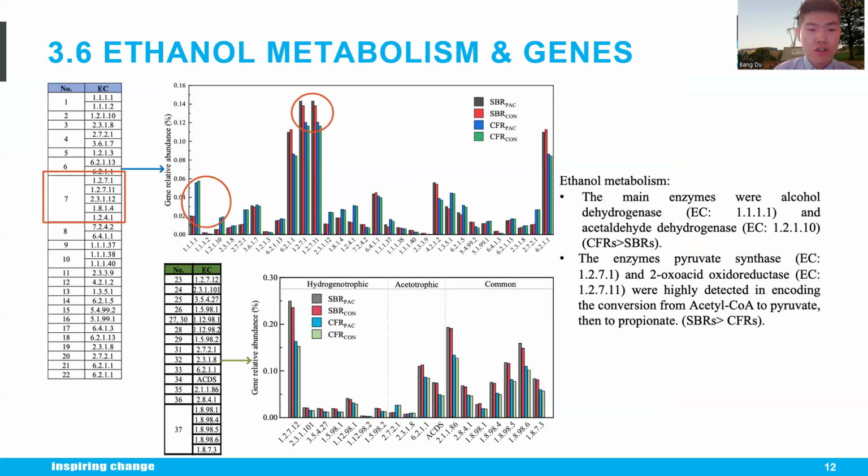And regarding the functional genes and their relative abundance under different conditions, we found that the main enzymes were alcohol dehydrogenase and acetaldehyde dehydrogenase. They are the main enzymes in degrading ethanol, and their relative abundance in CFRs was higher. And also we found some enzymes were highly expressed in encoding the conversion from acetyl-CoA to pyruvate and then to propionate, and their relative abundance in SBRs was higher.